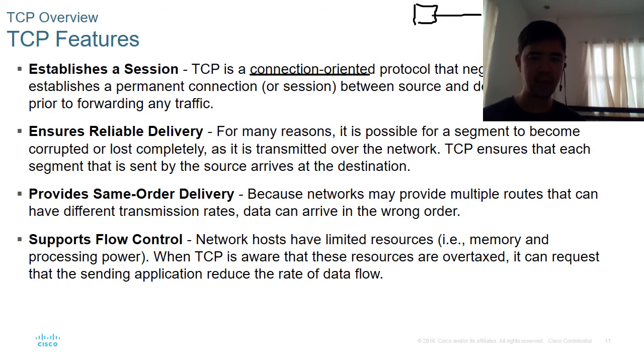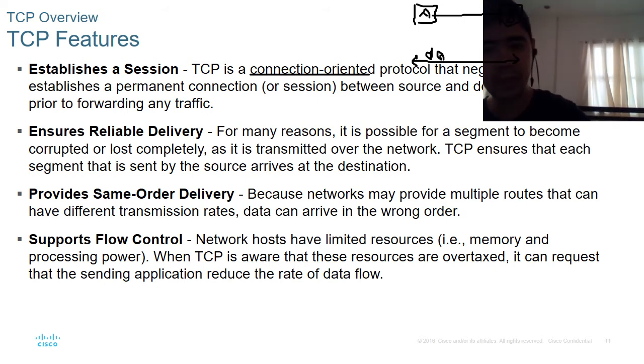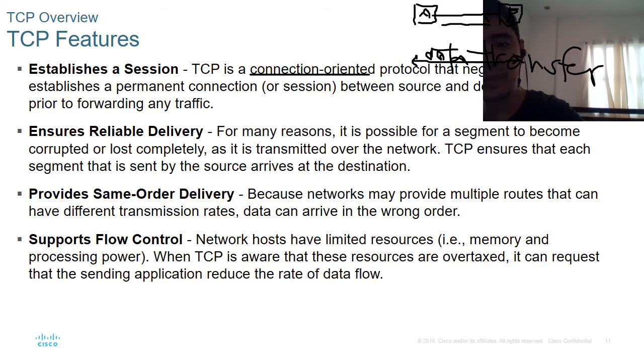Let's say I have two computers here, A and B. What we mean by connection oriented is that before A sends data, so like this part here, which is the data transfer, TCP will first establish a connection.